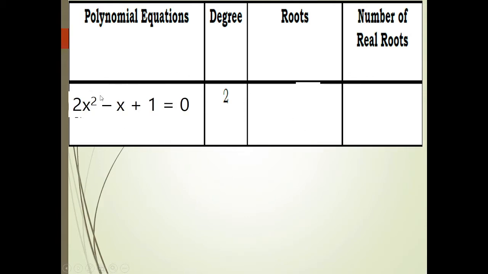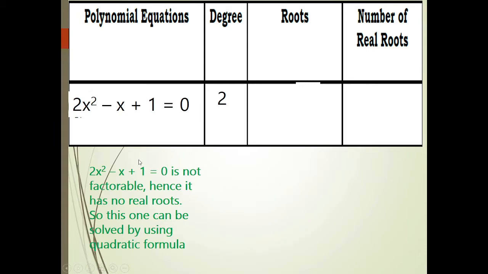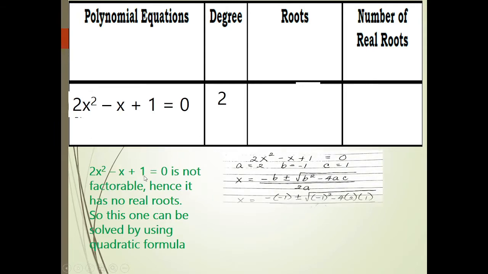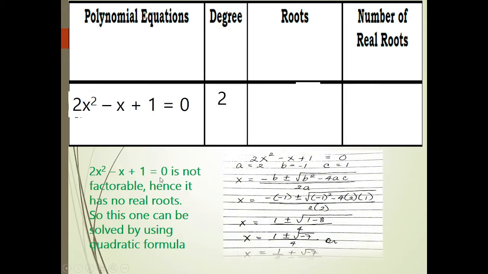Example, ito. 2x squared minus x plus 1 is equal to 0. The degree is 2. Now, let's get the roots. 2x squared minus x plus 1 is equal to 0 is not factorable. You cannot get the factors of 2x squared minus x plus 1.